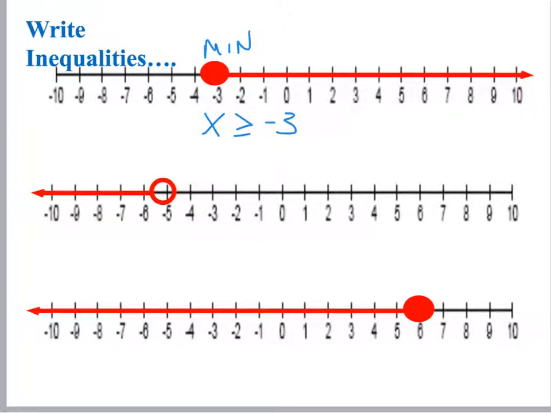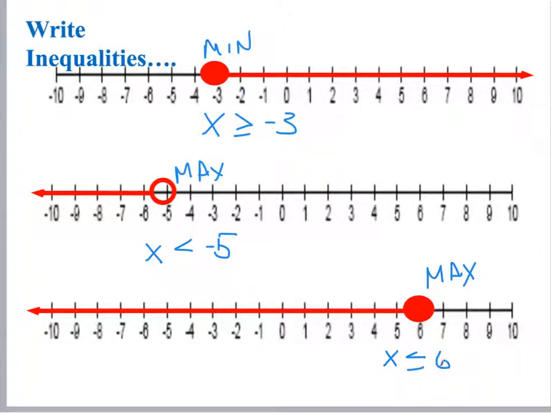In the next example, my graph starts at -5 and it's an open circle, and my solutions lie to the left, which means that -5 is a maximum number, so my solutions are less than -5. And finally, in my last example, the graph starts at 6 and it's a closed circle, and the solutions lie to the left. So that means that 6 is a maximum number, and my solutions are less than or equal to 6.